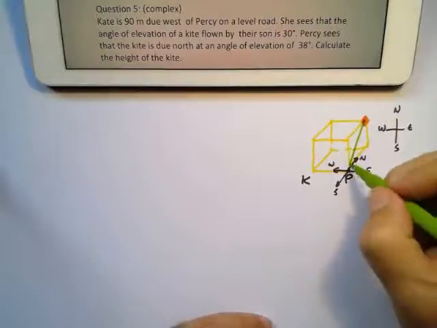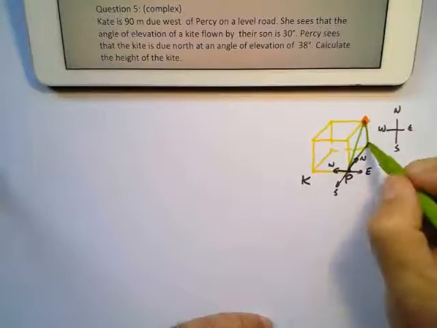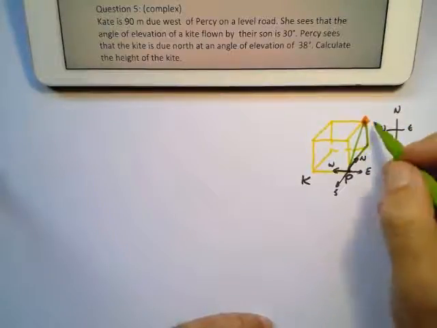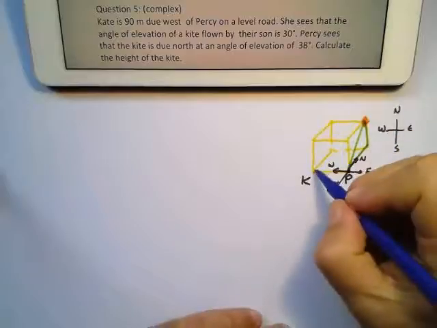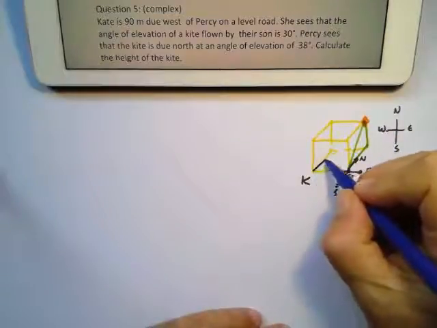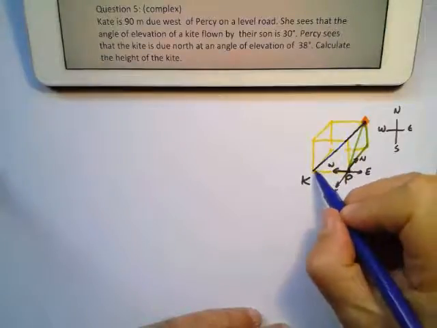seeing the kite. Now, where's my triangle? He's facing due north, and the kite is up there. Now, this is 90 degrees, and we know that this is the height. Kate is looking at the same kite. So from there, Kate is looking up there. And what I'm going to do is complete the line.